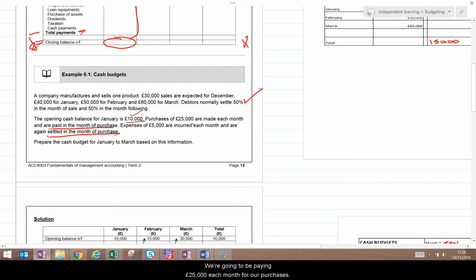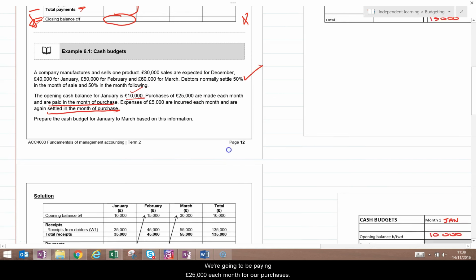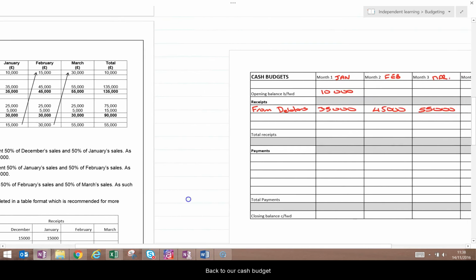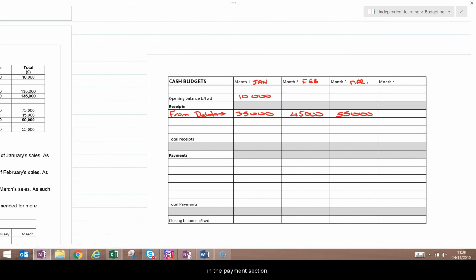So we're going to be paying £25,000 each month for our purchases. So back to our cash budget, in the payment section, purchases, 25,000 in January, in February and in March.